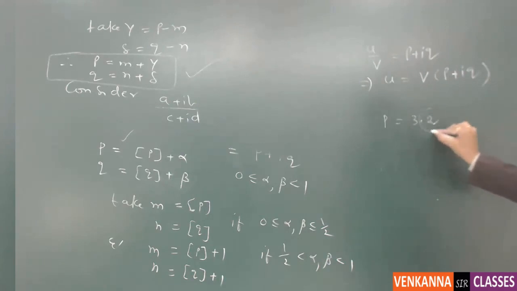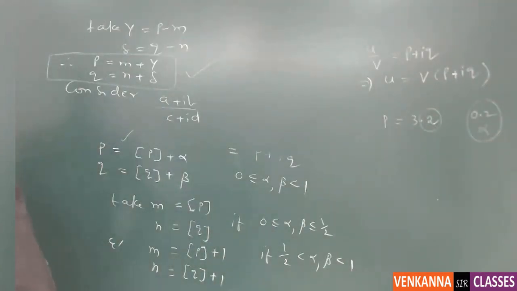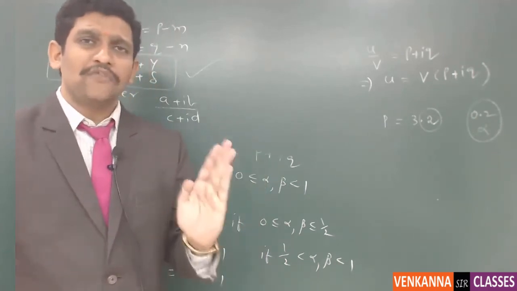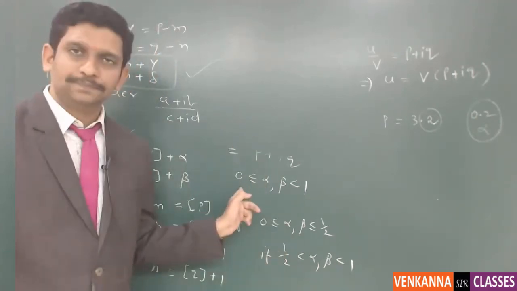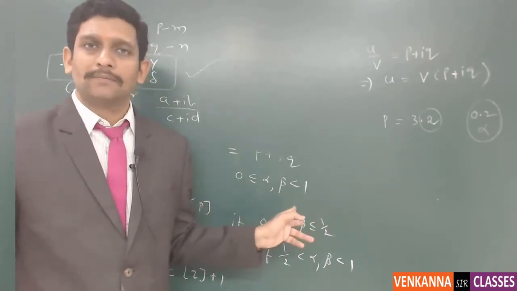So this part, 0.2, is the alpha value, the fractional part. Whenever you consider the fractional part, the starting value is 0, up to 1. It cannot be equal to 1.